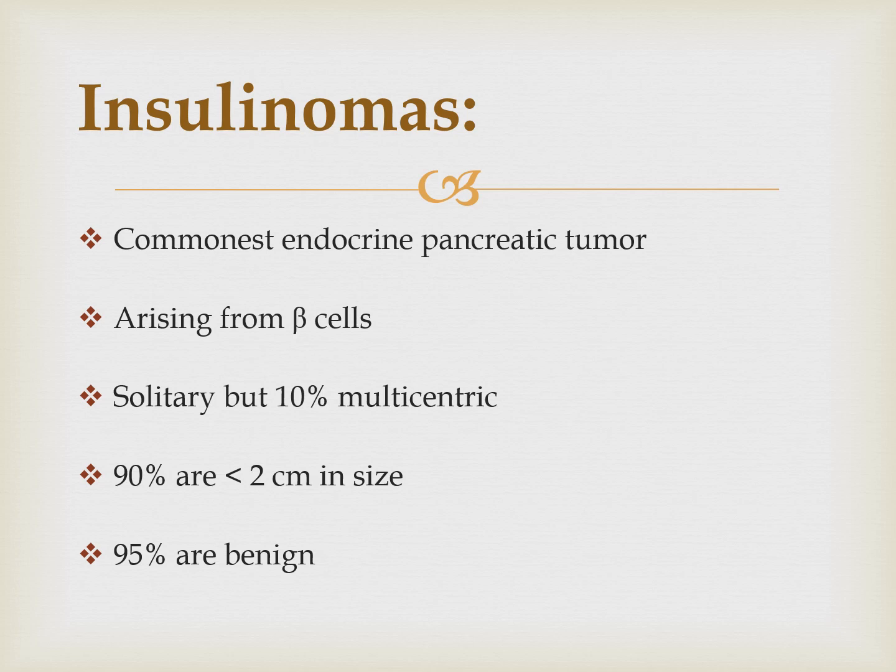We are going to start now with the insulinomas, which are the commonest endocrine pancreatic tumor. It arises from the beta cells, solitary, but 10% are multicentric. 90% are less than 2 centimeters in size, which means it is a small-sized tumor. 95% are benign tumors.